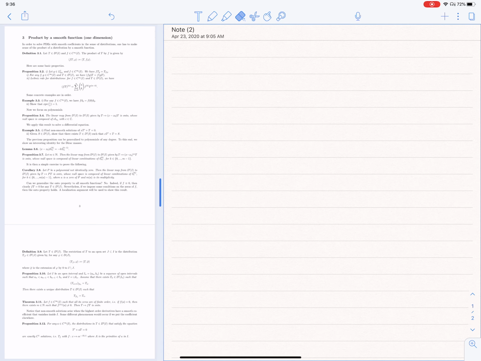Since T is a distribution, for any compact set K in I there exists a constant C and an integer M such that, if we consider fT applied to phi, we know it is nothing but T applied to f phi, according to the definition of multiplication. This holds for any test function phi with support in K.